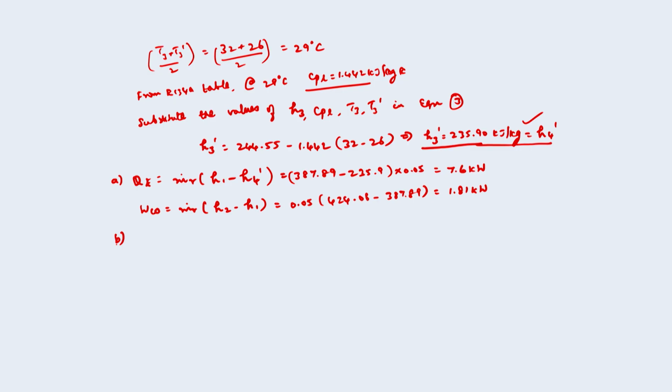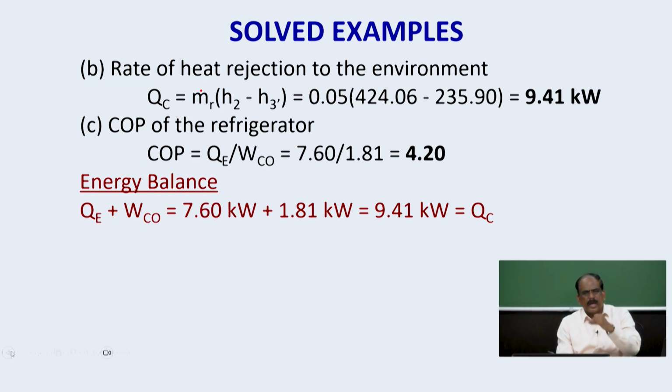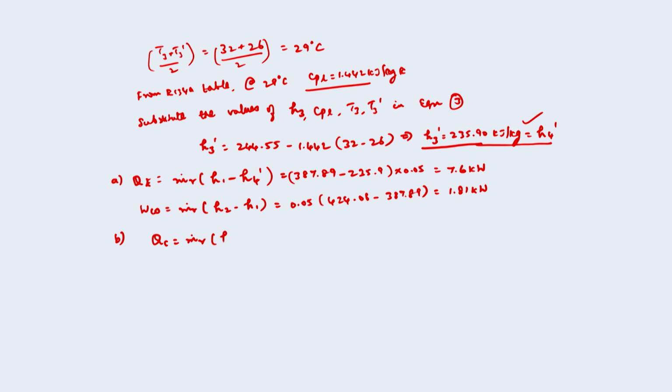Second part of the question, we need to find out the heat rejection, that is the condenser heat load, m dot r into H2 minus H3 dash. We have to take the state at the end of subcooling.